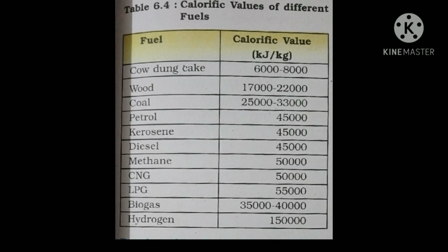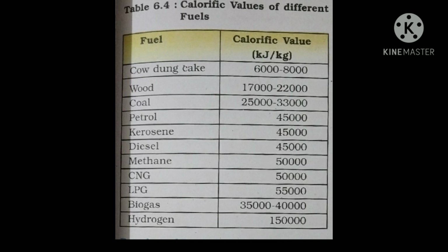Now look at Table 6.4 given in your textbook. In this table, calorific values of different fuels are given. The first one is cow dung cake. Its calorific value is 6000 to 8000 kilojoule per kilogram. That means when we burn 1 kilogram of cow dung cake, it produces 6000 to 8000 kilojoule of heat energy.